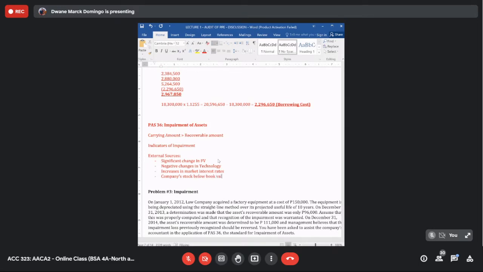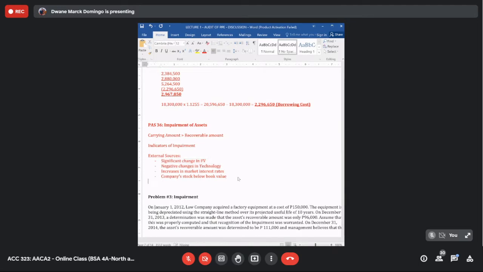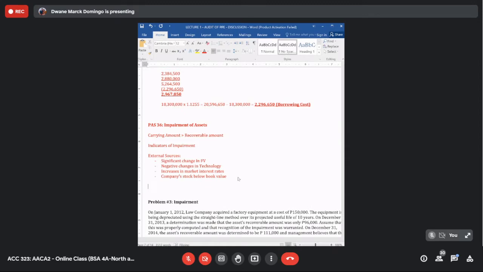So in audit, hindi ito masyado tinitignan itong mga to. Siguro yung first two, significant change in fair value and negative changes in technology. Mas after ang auditor sa internal sources. So internal sources, kita mo kaagad sa audit mo.